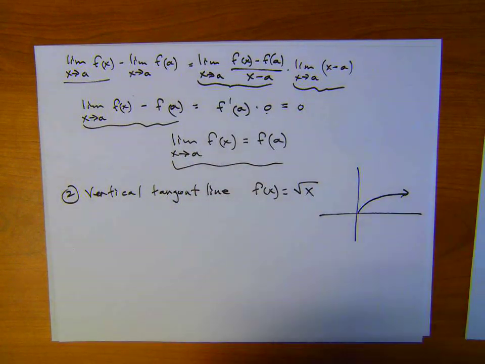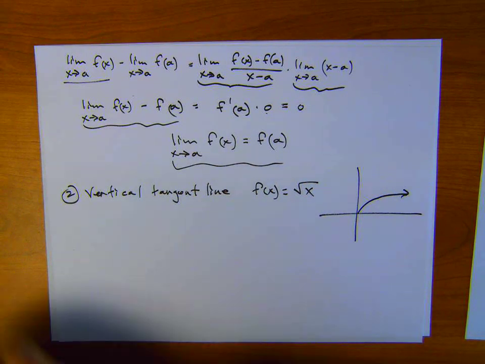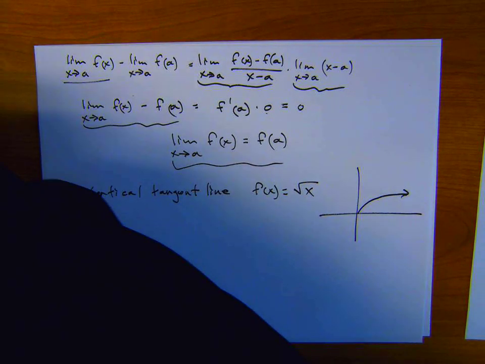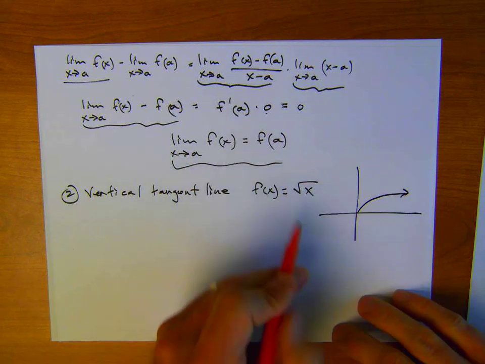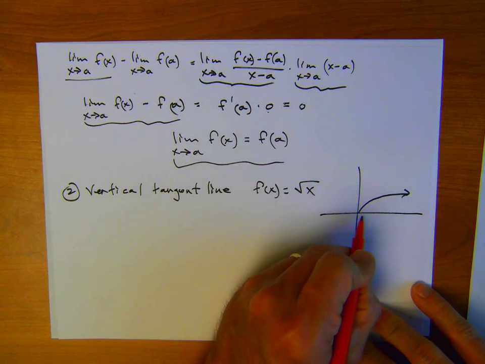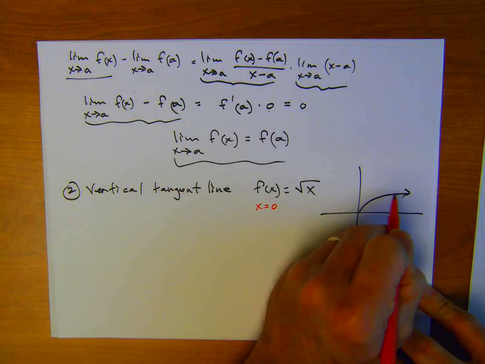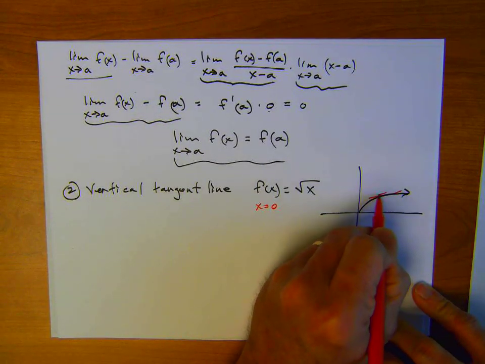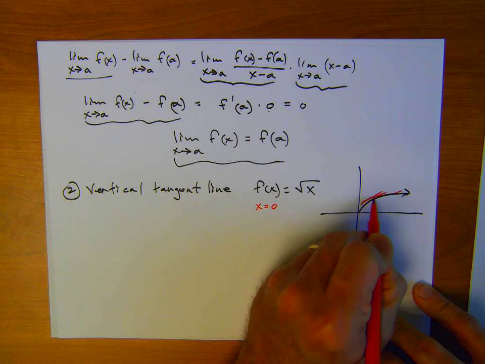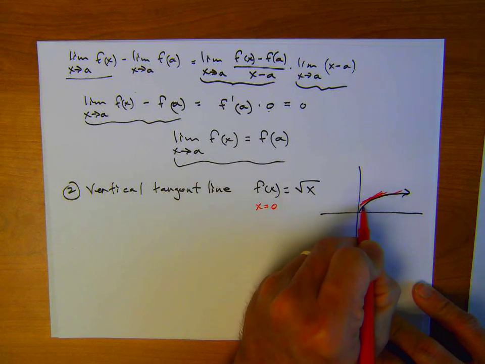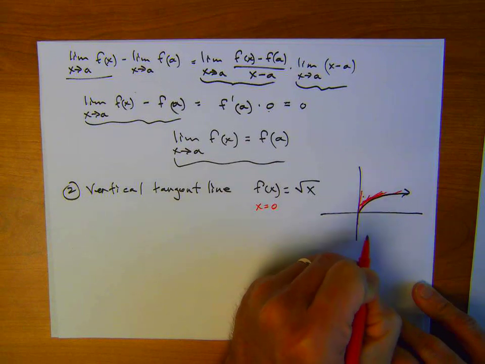And so what we're saying is that as we get close, well, the issue here, if there's going to be an issue, notice it's going to be at x equals 0, because we can draw in tangent lines along here, and they're getting steeper and steeper, right? But right at 0, this thing goes completely vertical.